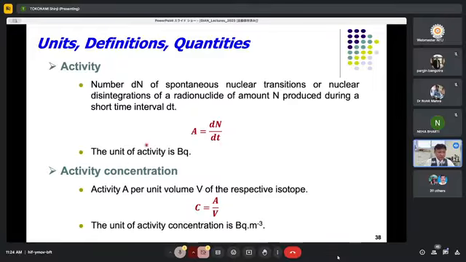The unit of activity is becquerel. The activity concentration is the activity A per unit volume V of the respective isotope. The unit of activity concentration is becquerel per cubic meter.